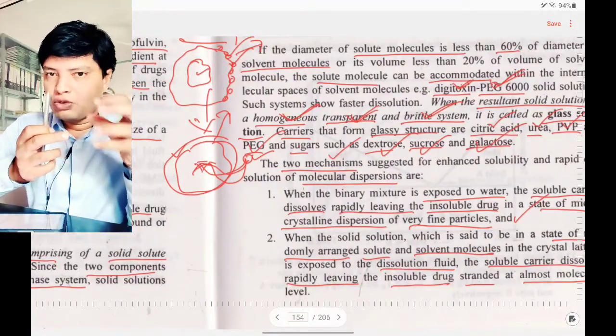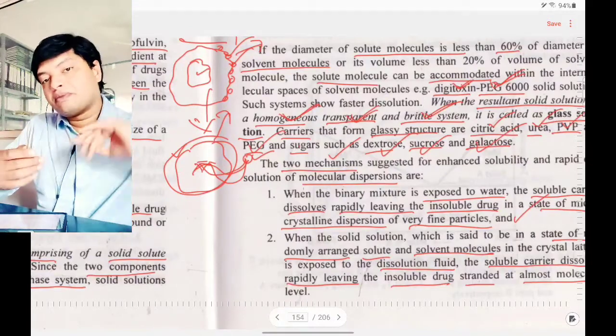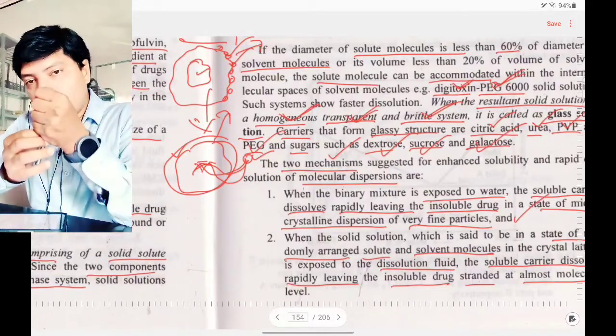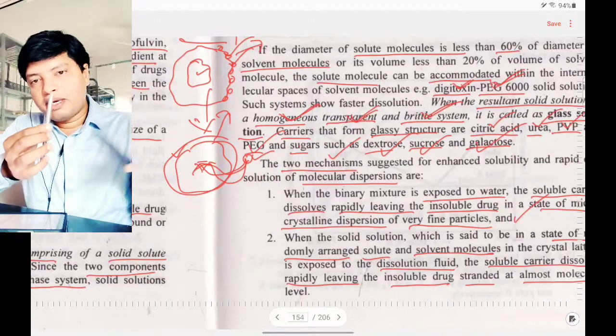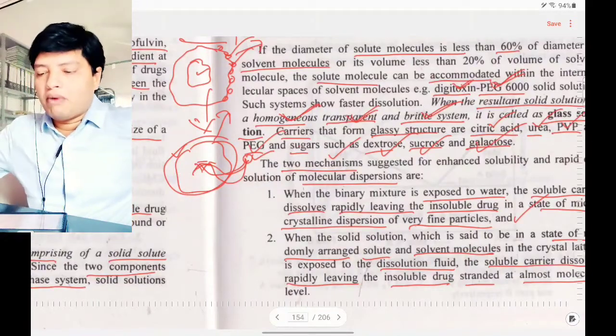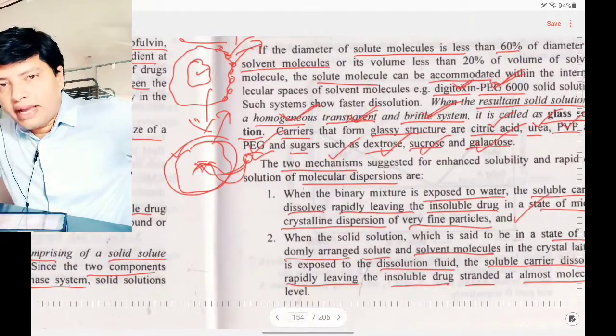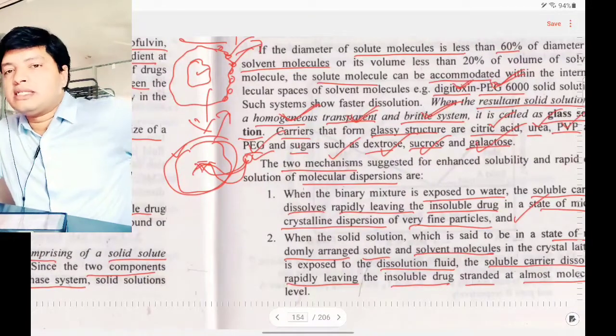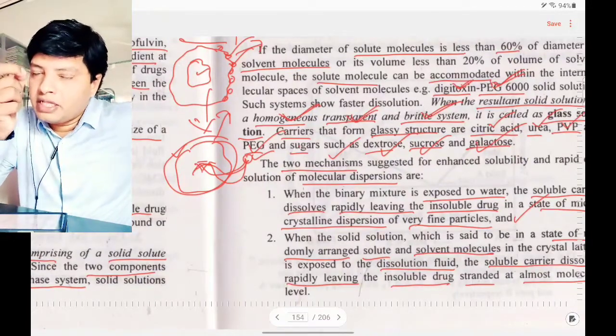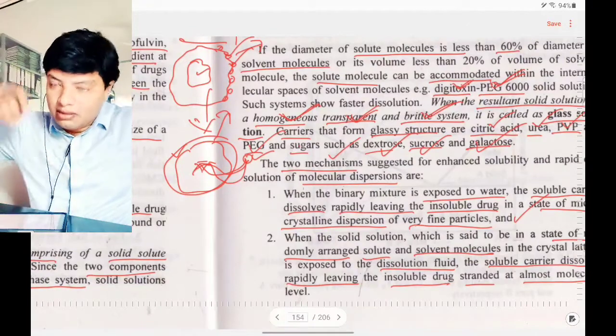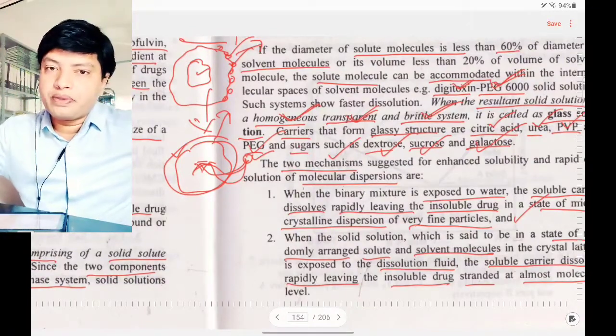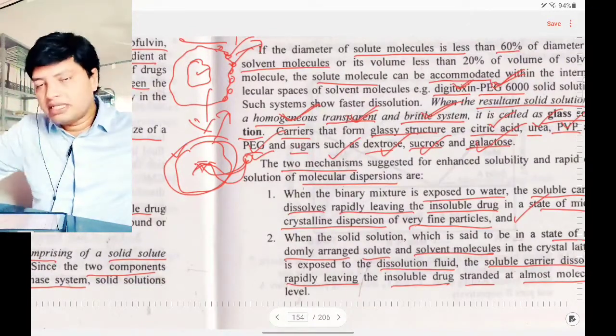Particles means a group of molecules. In the other, at molecular level only, the host molecule will rapidly dissolve and leave this molecule. So these are the two mechanisms through which your solubility is increased. One is converting them into microparticles. Two is molecular level, so only one molecule is released. Obviously it is soluble.